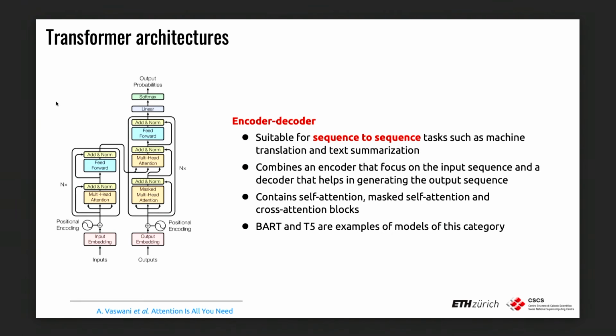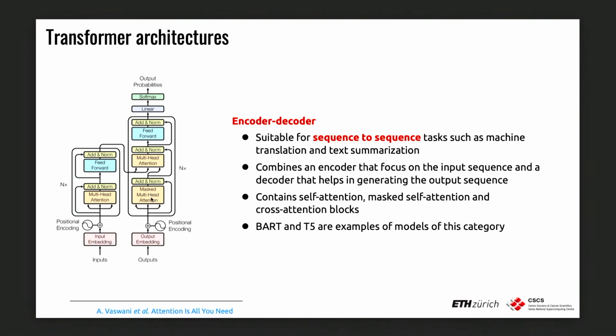That is, you give a sequence, like a sentence in one language, and you get a sequence, like a sentence in another language, or a text and a summary. And all these sequence-to-sequence applications are thanks to the masked self-attention that allows for an autoregressive model. And so, yeah, it combines encoder and decoder, and it has 3 different types of attention.